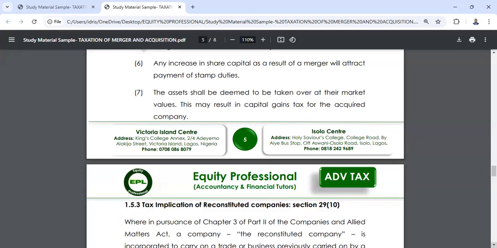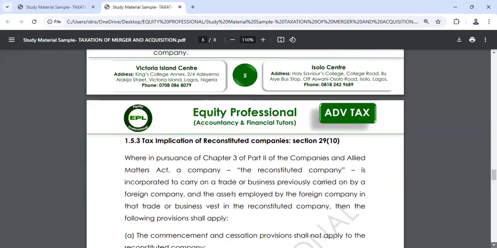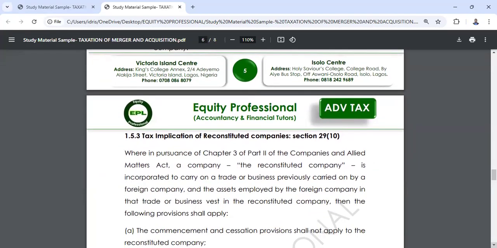Reconstituted companies are those companies that were previously owned by foreign companies, but maybe as a result of some government policy, government now said any company owned by foreign investors, we don't want them again in Nigeria. So every foreign investor that has shares in a company in Nigeria, please sell off your shares to indigenous investors, to local investors.